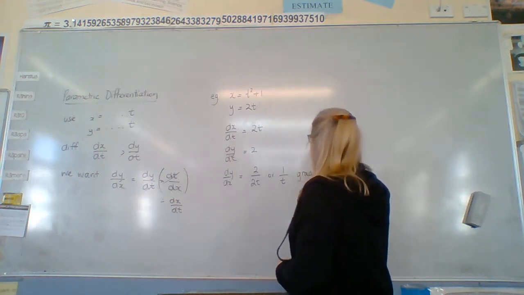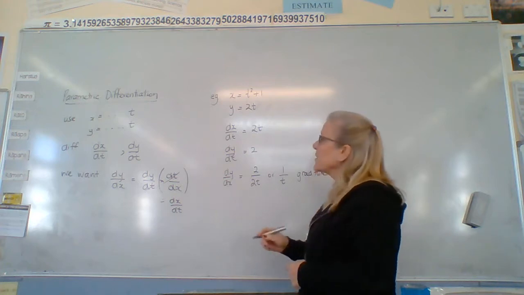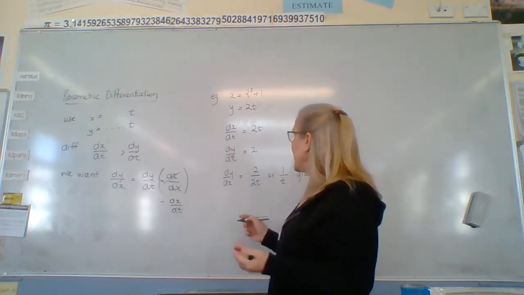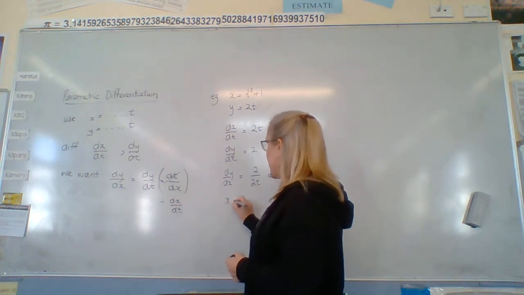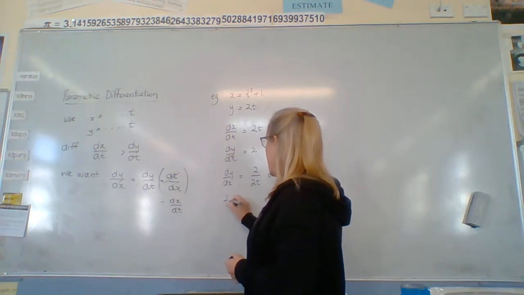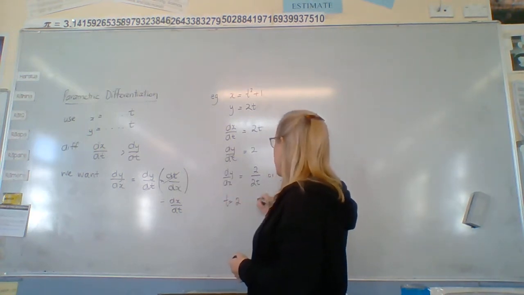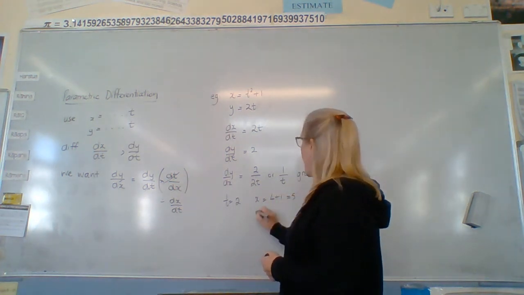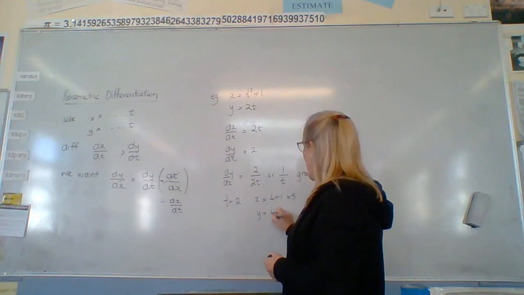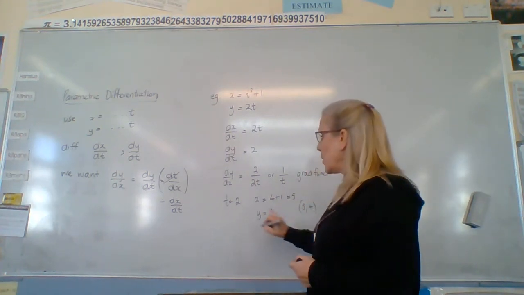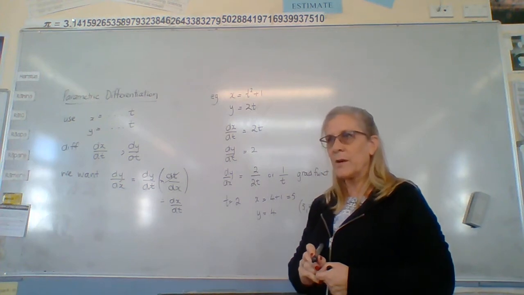All right? If we were wanting to find out what a coordinate on the graph was at a particular time, so at t equals 2, x equals 4 plus 1 is 5, and y equals 4, so 5, 4 is the point where t equals 2, all right?